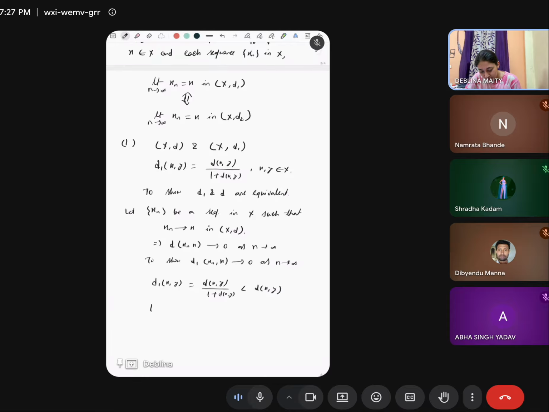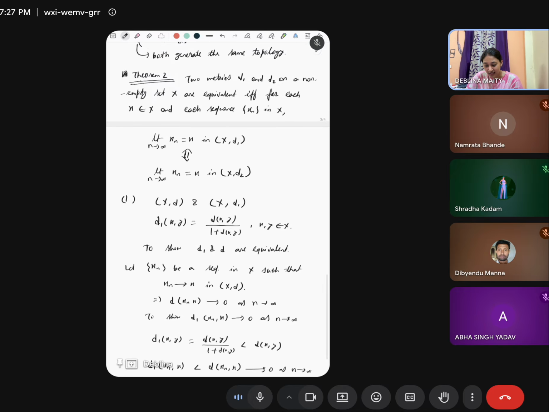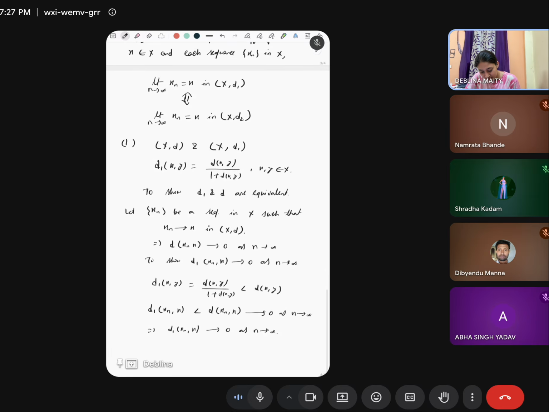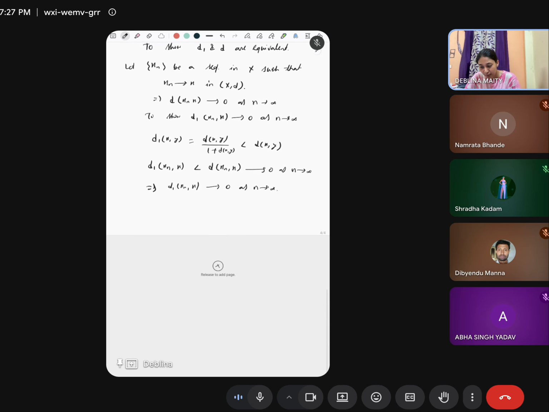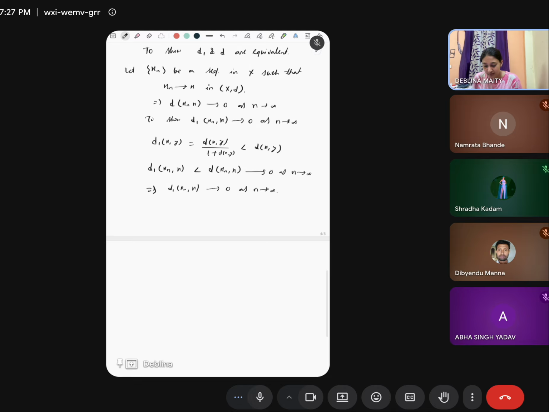So d1(xn, x) is less than d(xn, x), which goes to 0 as n goes to infinity. So d1(xn, x) must go to 0 as n goes to infinity. So this part is clear. Now we have to show the other one.